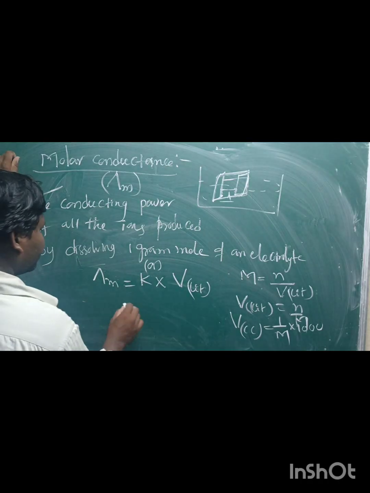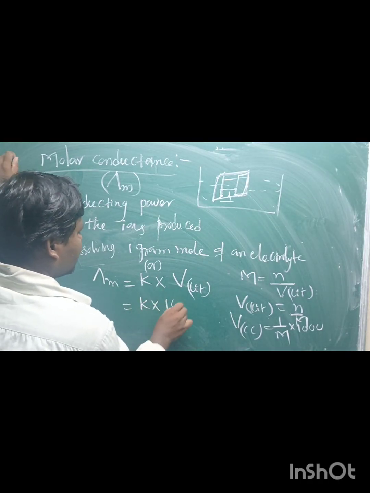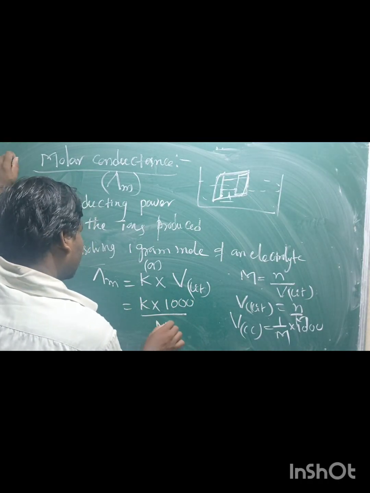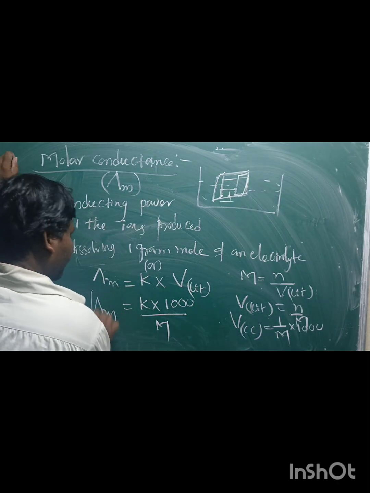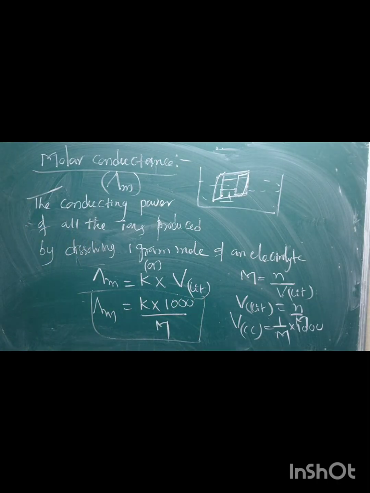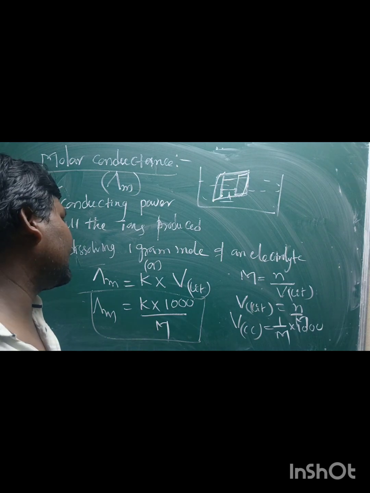That means K into 1000 by M is the mathematical formula of molar conductance, where M is the molarity, the number of moles of solute dissolved in 1 liter of the solution, and K is the specific conductance.